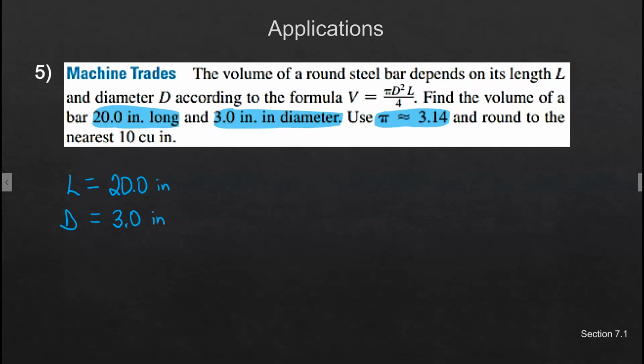So in our formula, we're going to have 3.14 times 3 squared times 20, and then we divide that by 4. And it told us how to label this one. That's what's nice about some of the application problems, because we're rounding it to the nearest 10 cubic inches, so we know we're going to label with cubic inches.